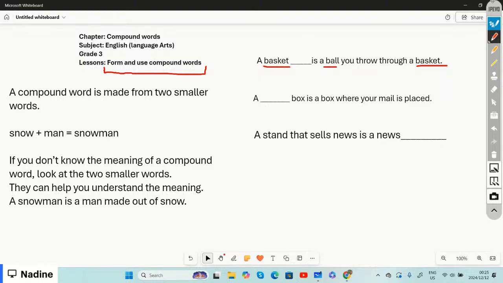If we select and form the compound word, then we can say a basketball is a ball you throw through a basket. So this compound word is basketball. Well done. So basketball is correct.